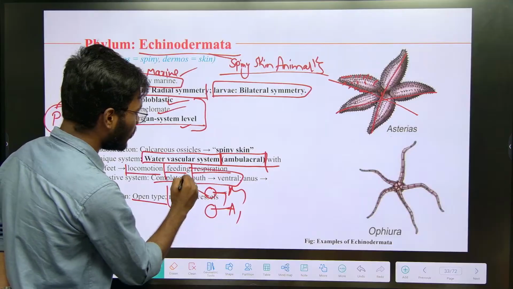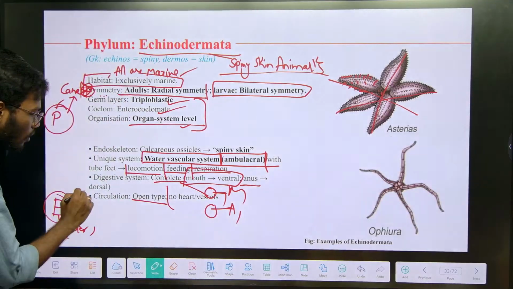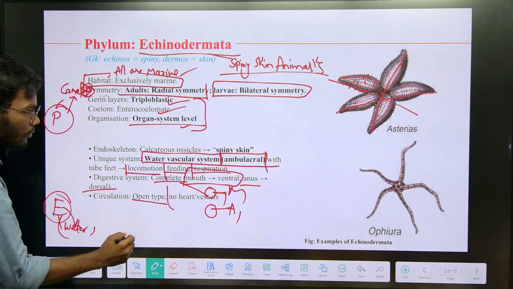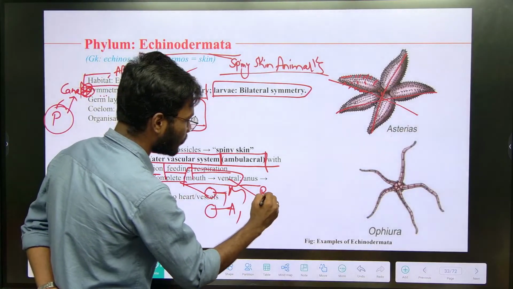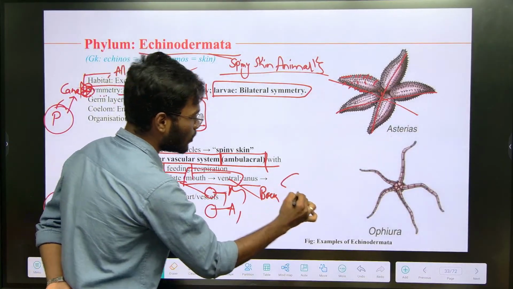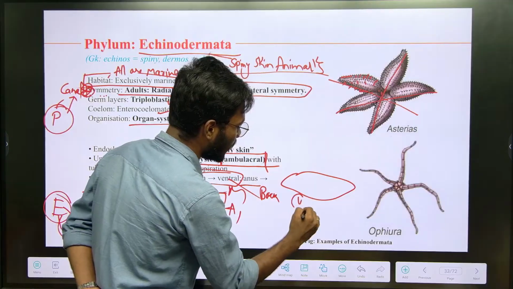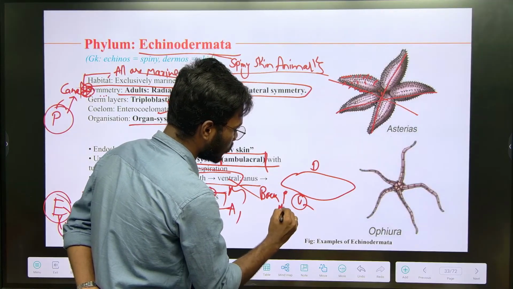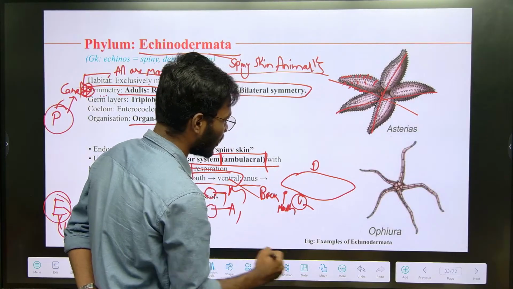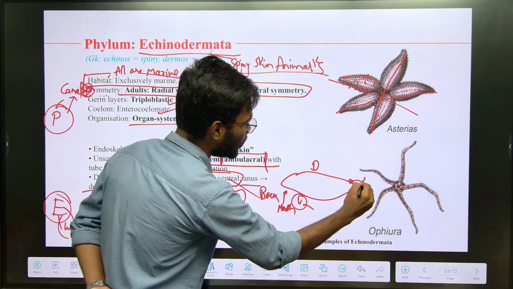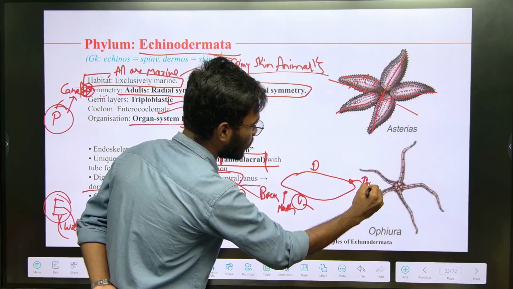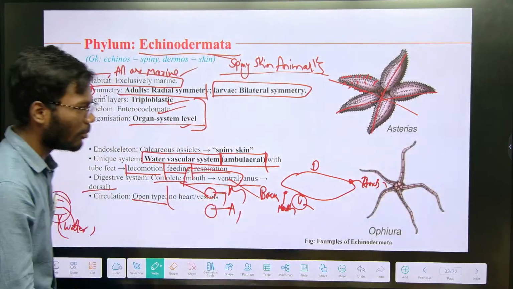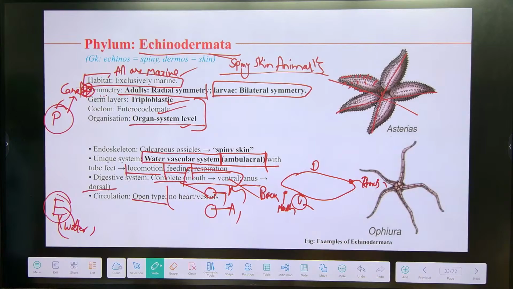Mouth is present on the ventral side, anus is present on the dorsal side. Ventral means the underside. For example, this is an animal, this is the ventral side, this is the dorsal side. So one opening, this is the mouth. Mouth is present on the ventral side, anus is present on the dorsal side. Remember? Right? Next one.